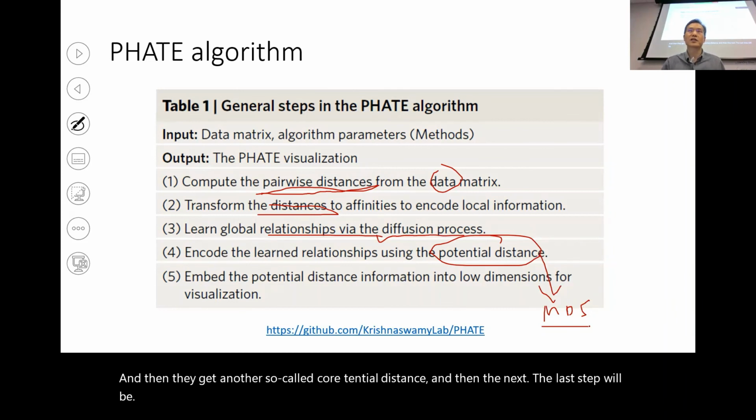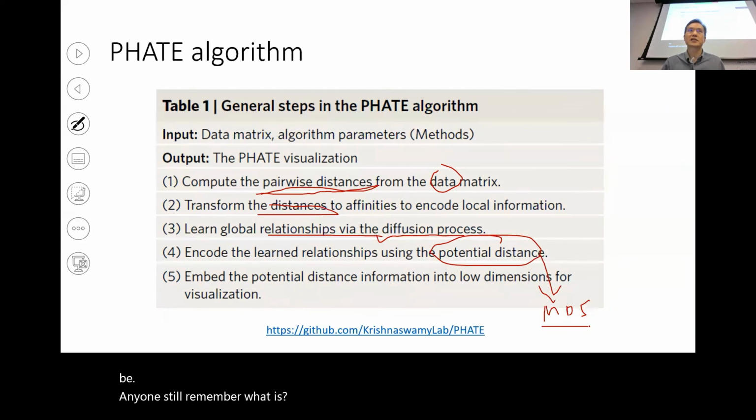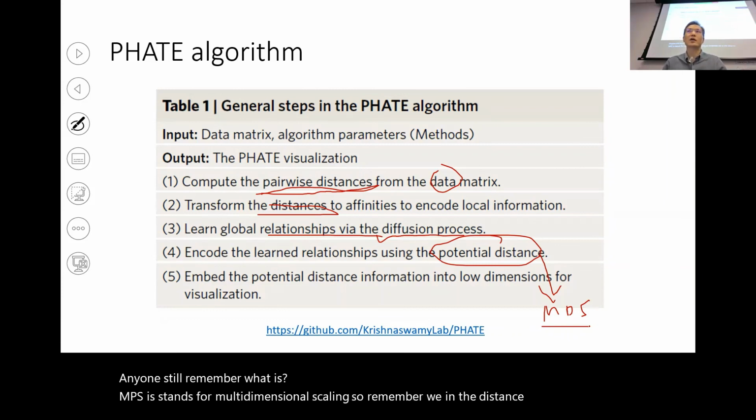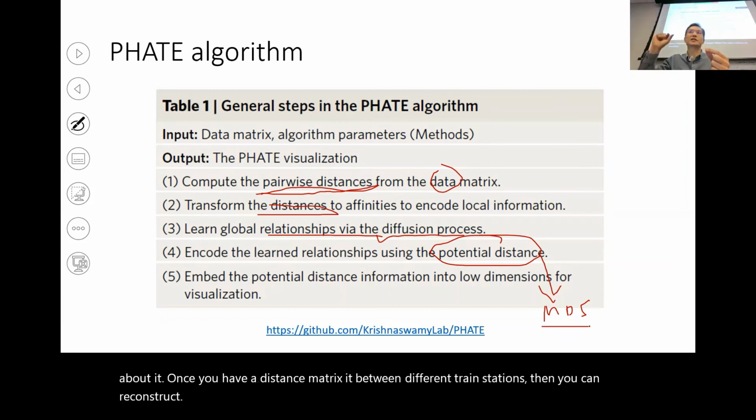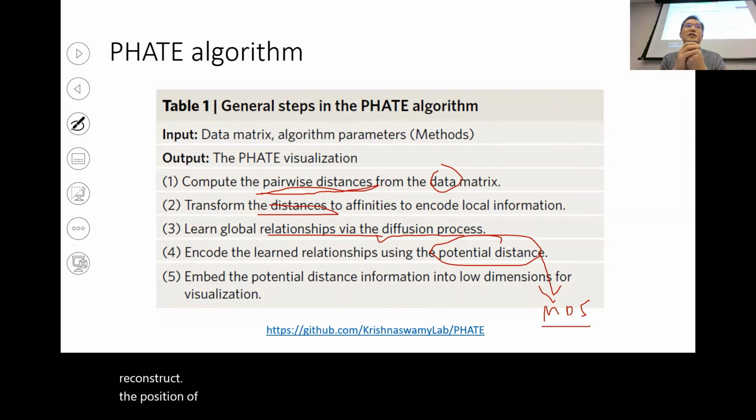Anyone still remember what is MDS? MDS stands for multidimensional scaling. So remember, in the distance lecture we talked about once you have a distance matrix between different train stations, then you can reconstruct the positions of the stations, different cities.